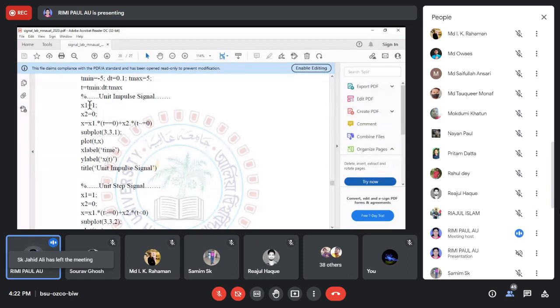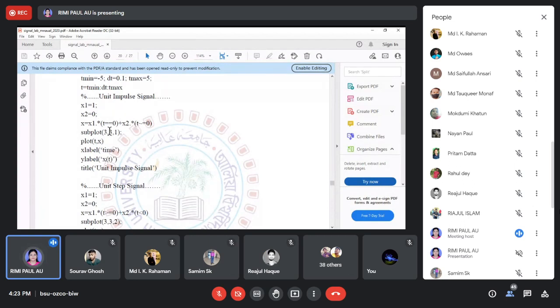So here x1 is equal to 1 when t is equal to 0, and I will get the unit impulse signal. Otherwise, for t not equal to 0, all values of the signal are 0, so x2 is equal to 0. If I do not give this data, it cannot understand what the signal magnitude will be if we change the time value. That's why you have to give the proper representation.